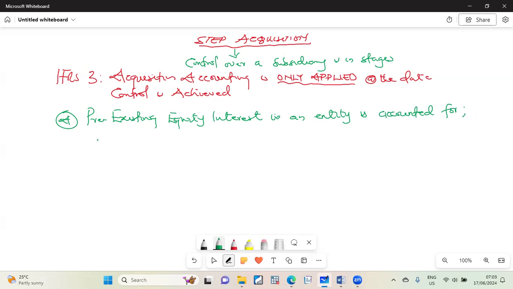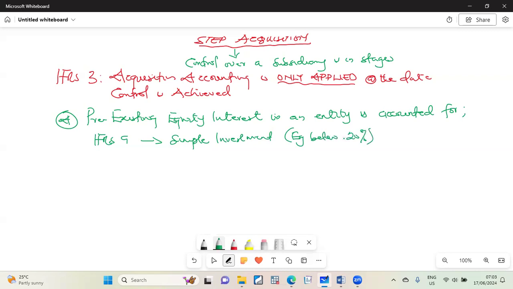We will apply IFRS 9 in the case where you have a simple investment. And this one, in terms of percentages, means that you have below 20%.